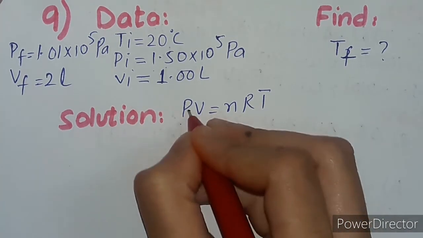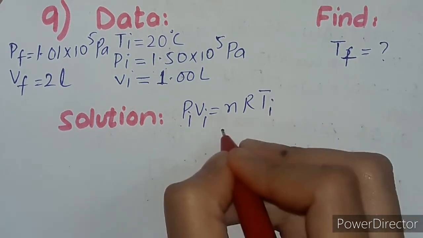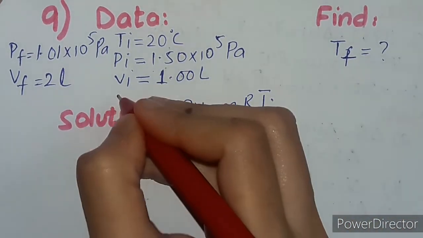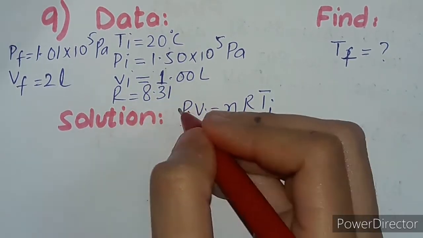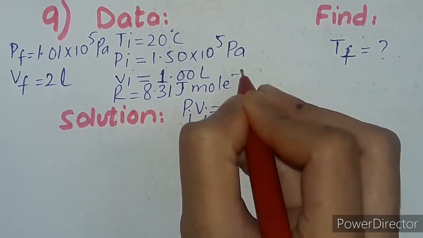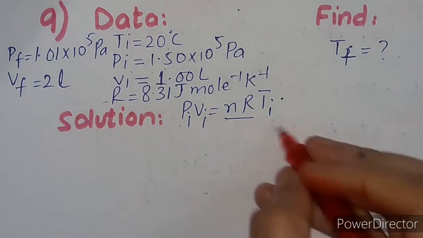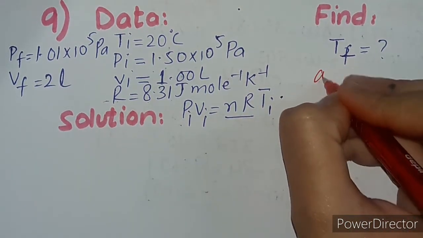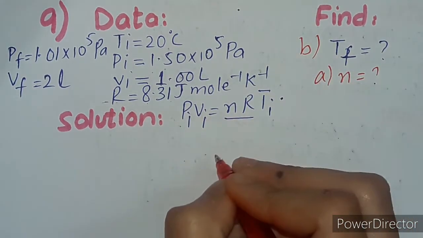So we will put i in the subscript. These are constants, and the value of R is 8.31 joule per mole per Kelvin. We will rearrange it for the value of n, because in the A part we have to find n, the number of moles, and in the B part we have to find the temperature.